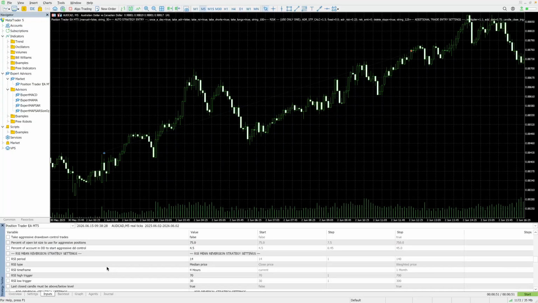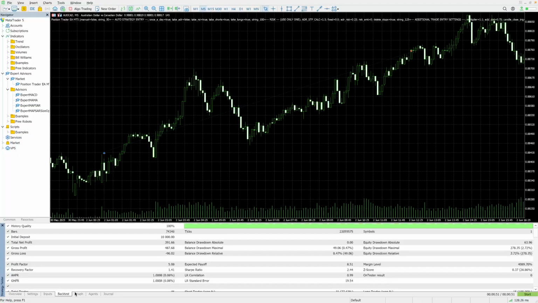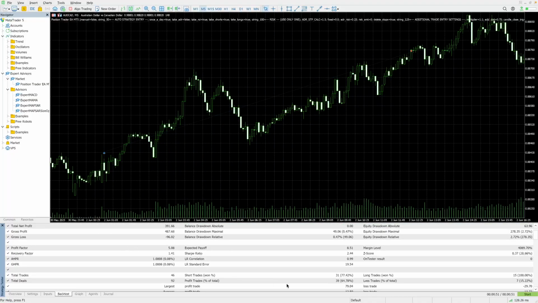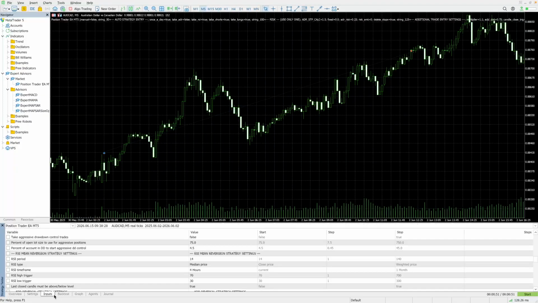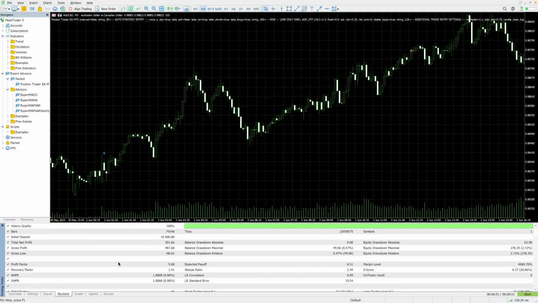Compared to many EAs that overtrade, this one was very patient and very smart in its selection. And you can see the results, impressive results, a good win rate, a good profit factor. Everything is on point, but it was quite conservative. The total net profit of just $391 over the span of 1 year.